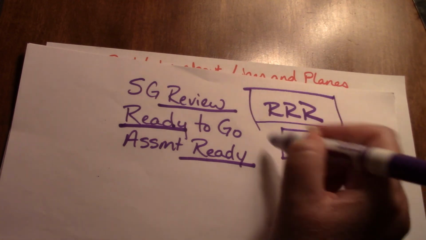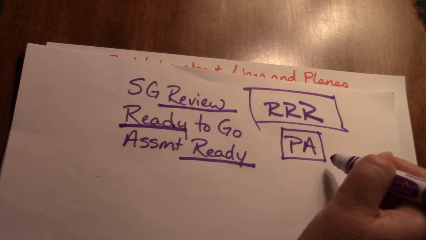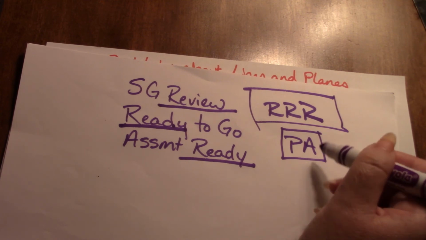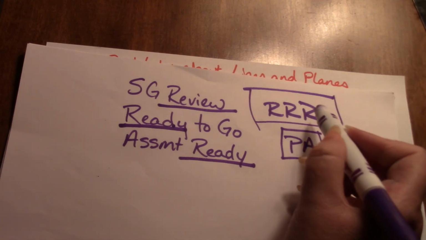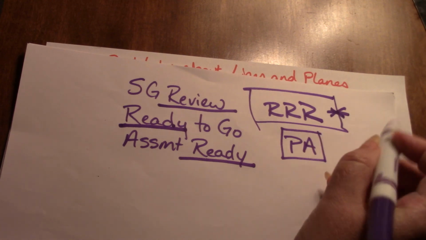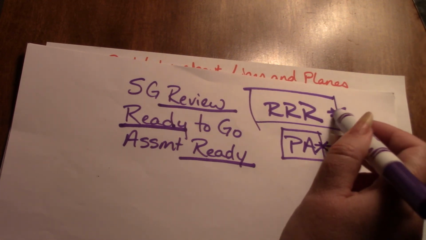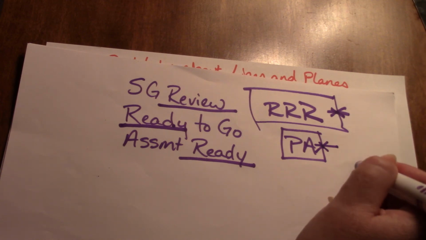And hopefully together, those will get you ready for the test. The test is at the end of the unit, and this unit has modules 1, 2, and 3 in it. We've just finished module 1. So tonight's homework is this section, and then tomorrow night is RRR, and the next night is performance assessment, and the next night is RRR, and then we're going to go on to module 2.